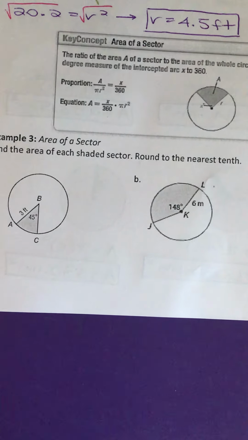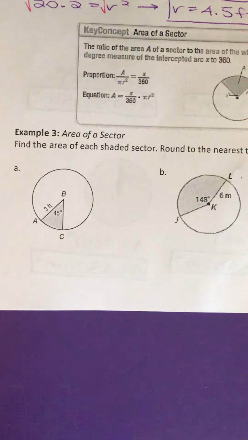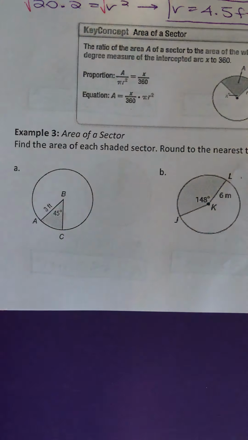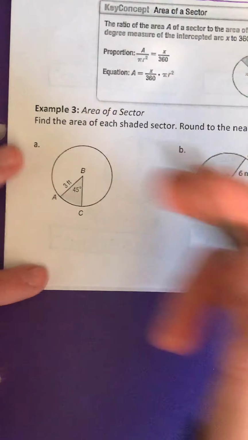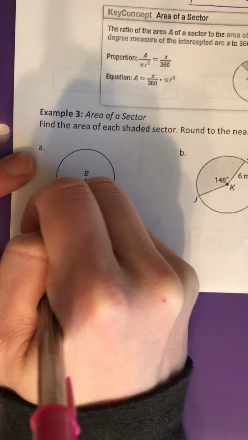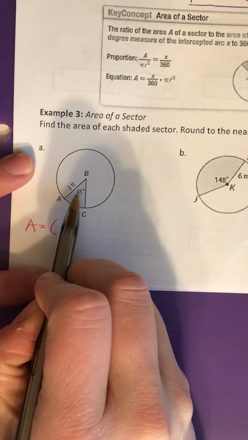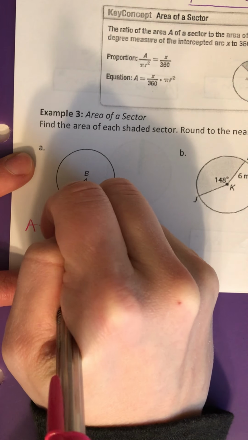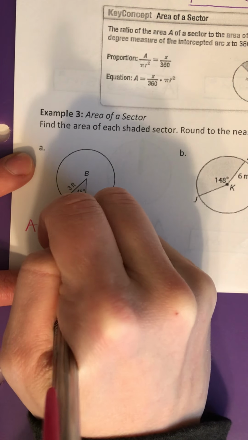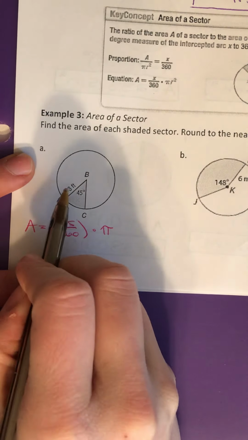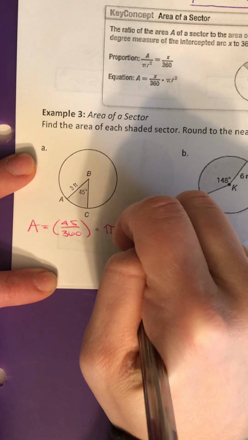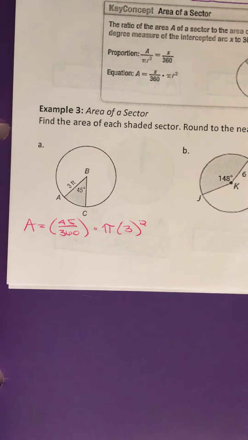We're going to find the area of the shaded sector. So my area is 45 divided by 360 times pi. My radius is 3 squared.